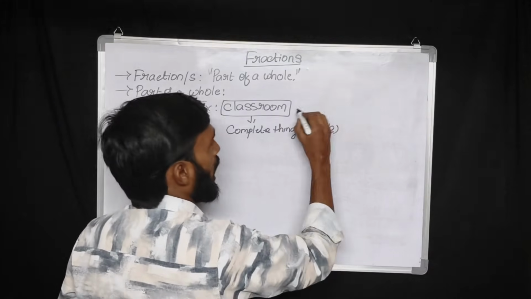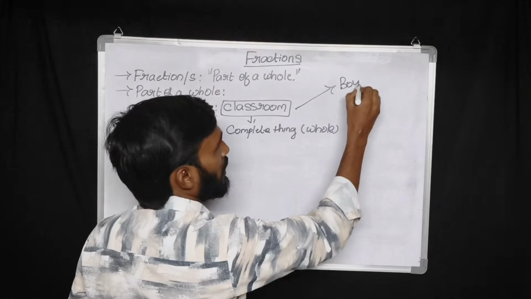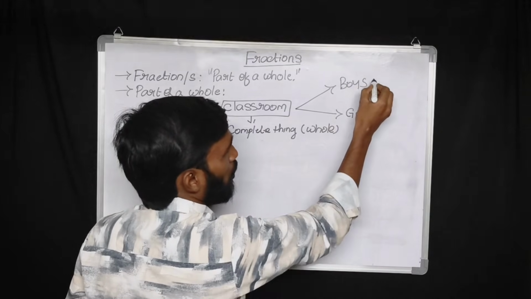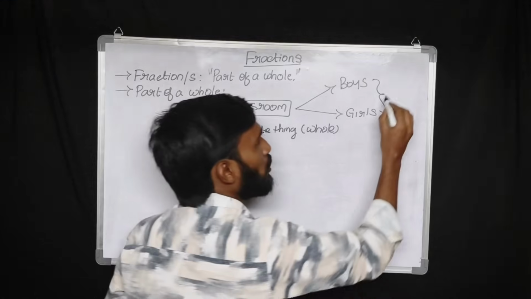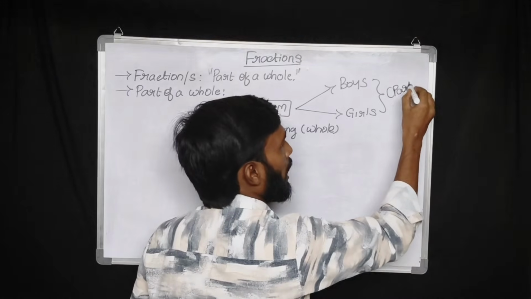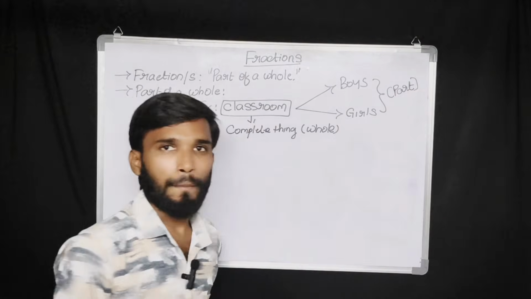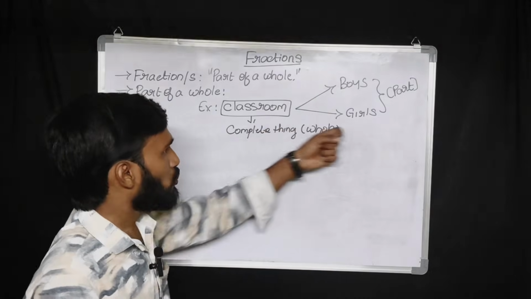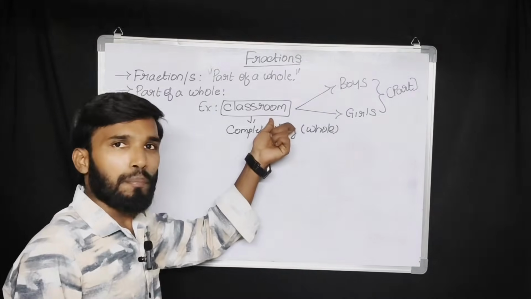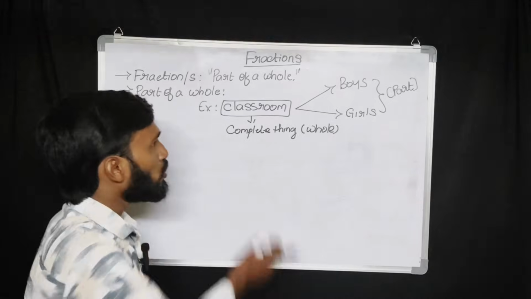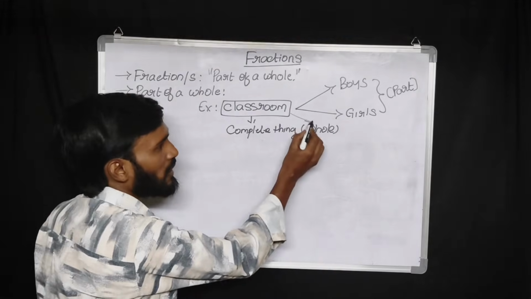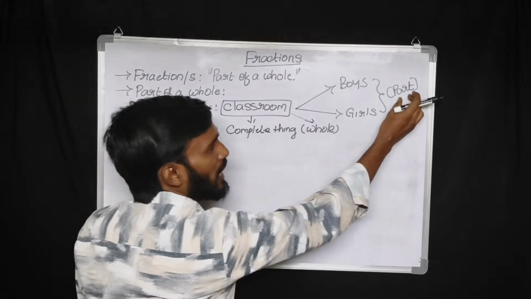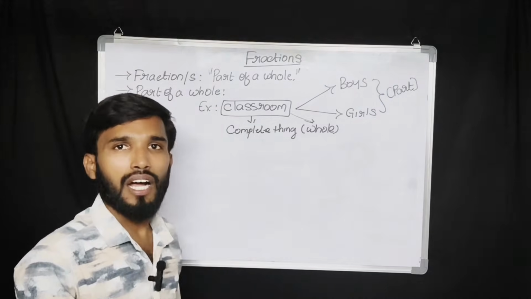In every class we have boys and girls. Boys are a part of this classroom and girls are also a part of this classroom. So the classroom is the whole, and the boys and girls are the parts of the class.